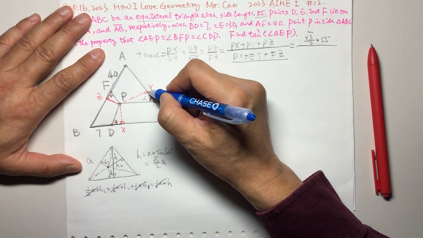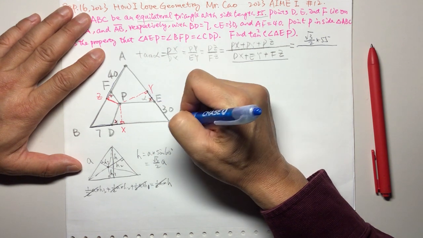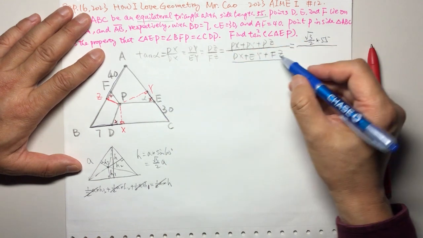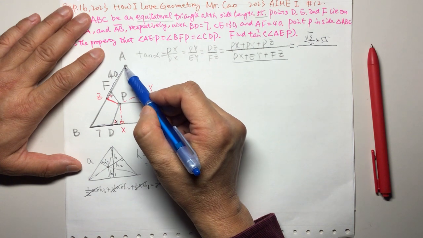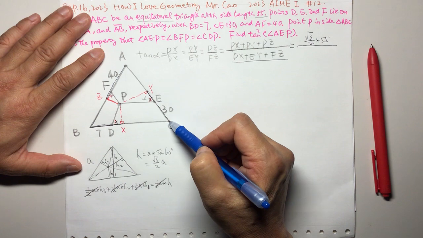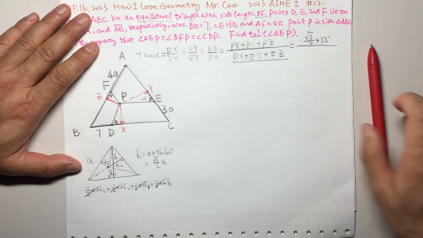And if we know how long this one is, I mean CY, we can minus 30. Of course, we just want to know the sum of them. So if we know AZ plus BX plus CY, that is the problem we're solving, right?